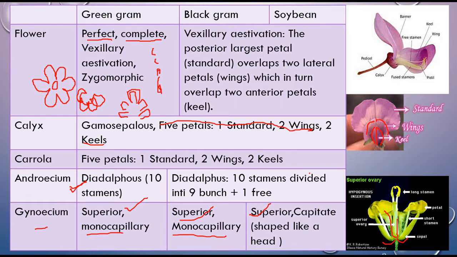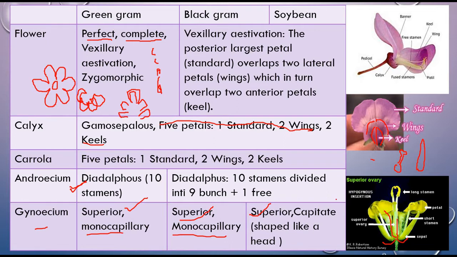What is meant by monocarpellary? When we cannot differentiate into ovule, style and stigma, then this condition is called monocarpellary condition. It is a slender one, and we cannot differentiate into ovule, style and stigma.